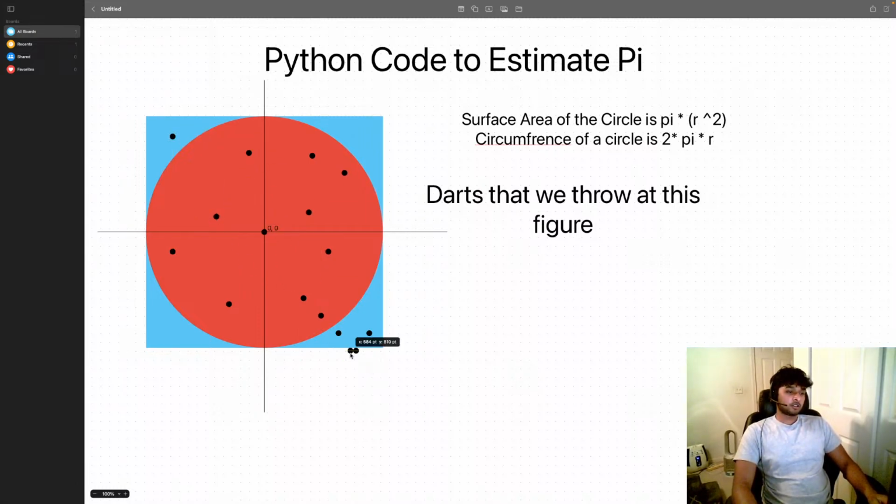These are a lot of darts here. We're just simulating dart throws. Okay, we threw a lot of darts. That's a lot of darts.